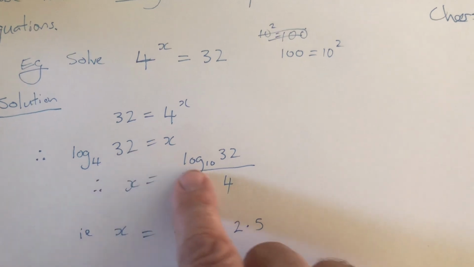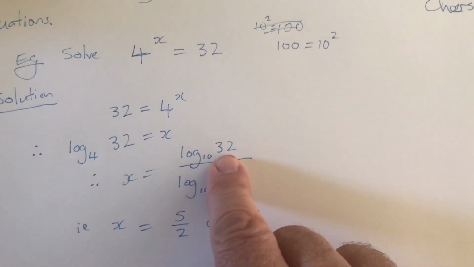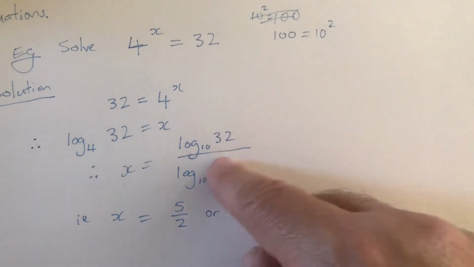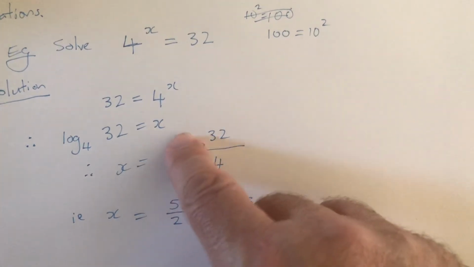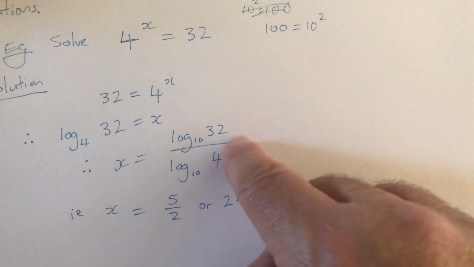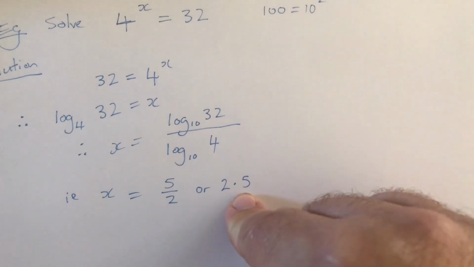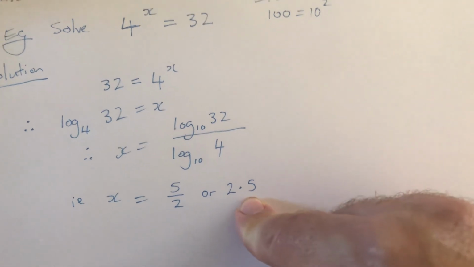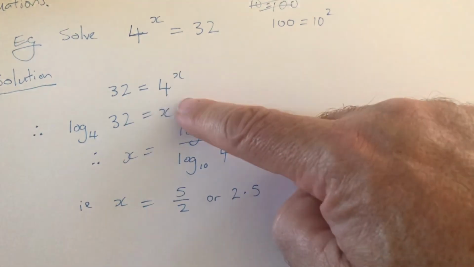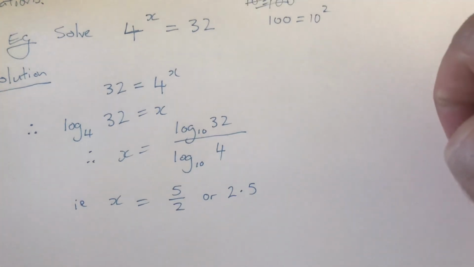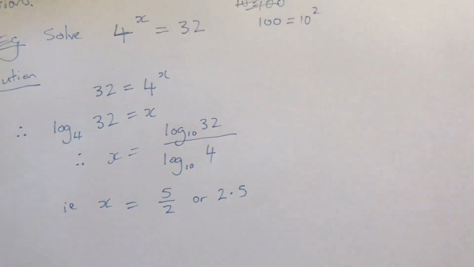Log base 4 of 32 is log base 10 of 32 divided by log base 10 of 4. I just stick that straight into my calculator and press equals, and my calculator tells me it's 5/2 or 2.5. Okay, it's that easy. 1, 2, 3, 4 lines to get our answer for an otherwise very complicated problem.